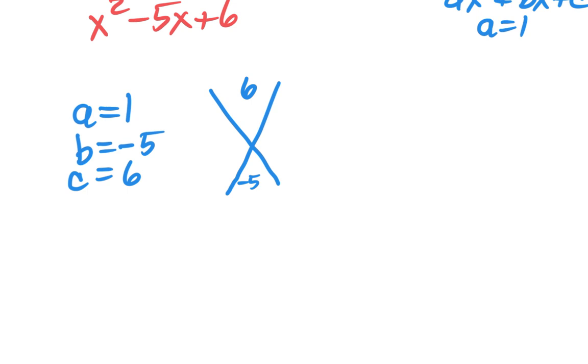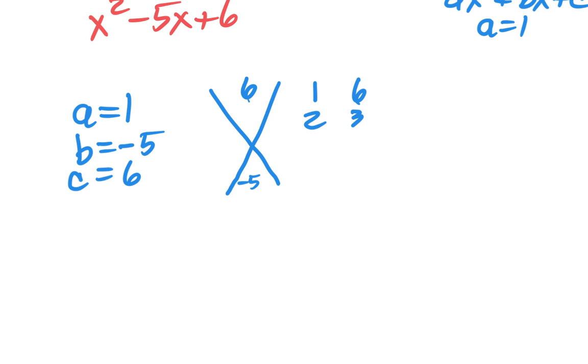I am looking for what two numbers I can multiply to get 6, but add to get negative 5. So let's write down our factors of 6. We have 1 and 6. We have 2 times 3. If you notice, from 2 to 3, there are no numbers between there. So we know that these are the only factors that we have.